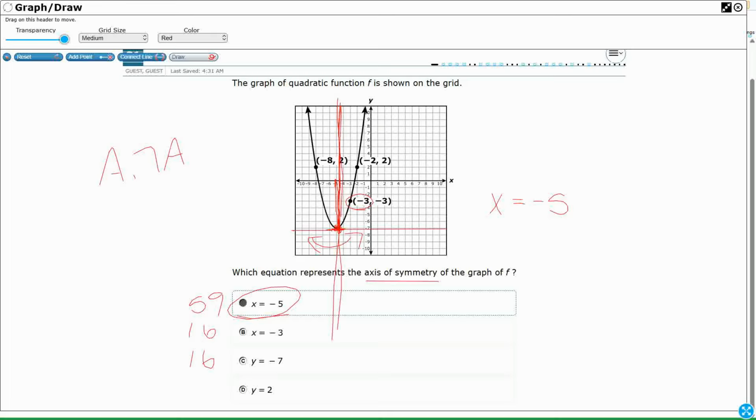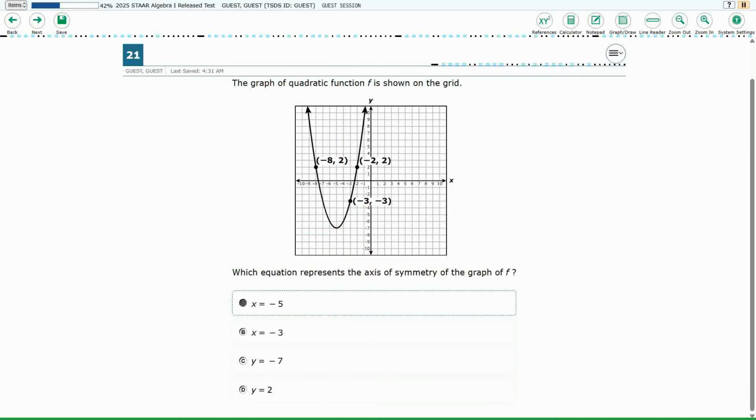You see how that goes through our vertex, that goes through our minimum. And so perhaps students were looking at that because they know that a maximum or a minimum that runs through the vertex is also an important feature of a quadratic function. That could have been something that kind of tripped up our students. And so that goes back to reading and understanding exactly what it's looking for. So this was definitely on the easier side. This was tied for our 19th easiest item on the test.